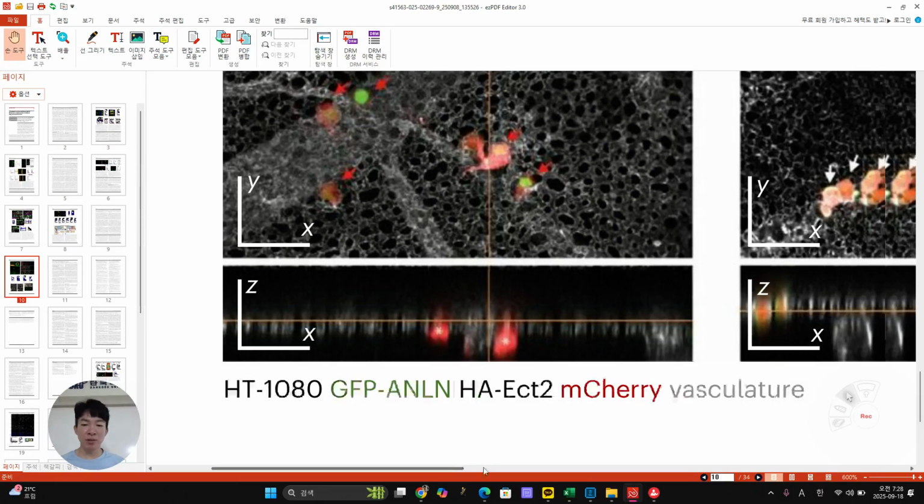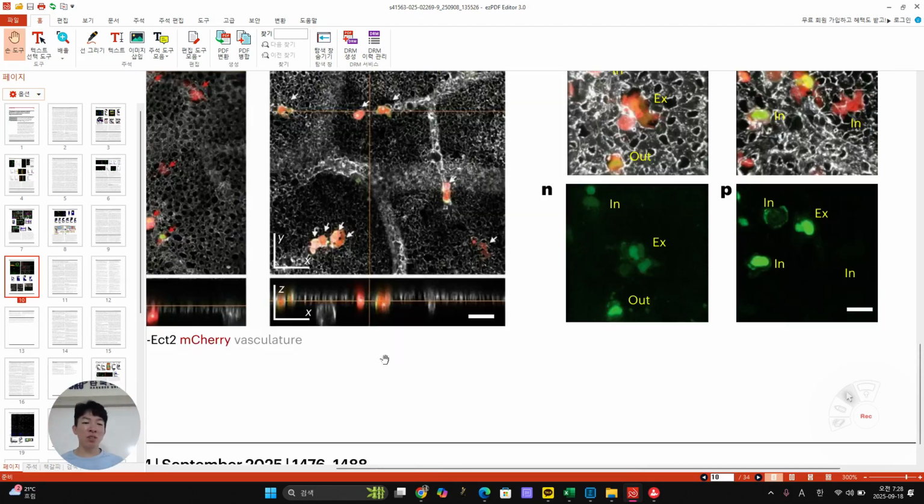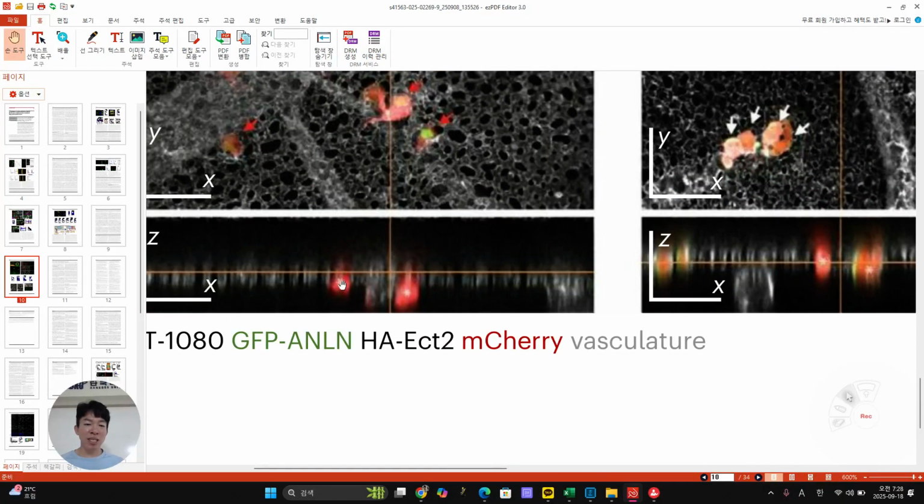But here, they are similarly localized at the same level in the blood vessel, which means that they are just localized in the blood vessel. So in this phenomenon, when they track live, this cancer cell is initially localized in the blood vessel in the same panel, but they are slowly going out, which is called extravasation.